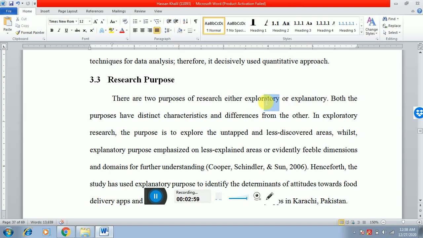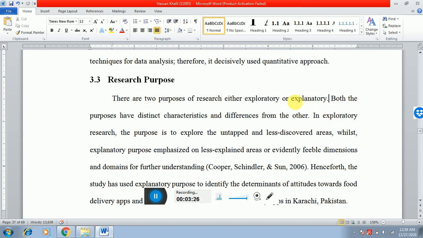So in majority of the time, if you conduct exploratory study, you have to gather the data with the help of the interviews, because you cannot get any secondary data available for that type of research. And the explanatory researches are those researches in which you have already established theory. On that theory you are going to further explain those relationships.